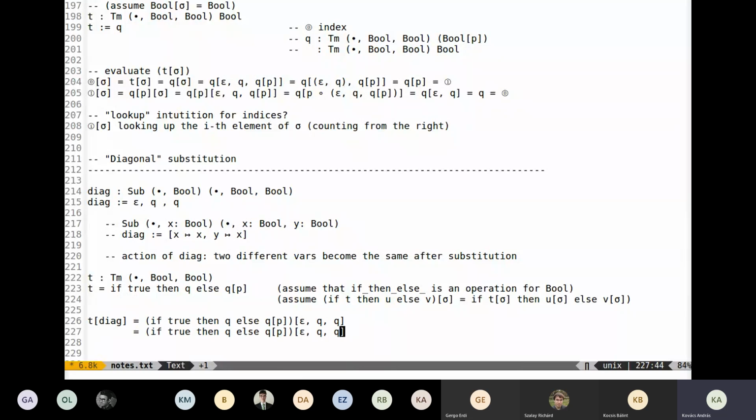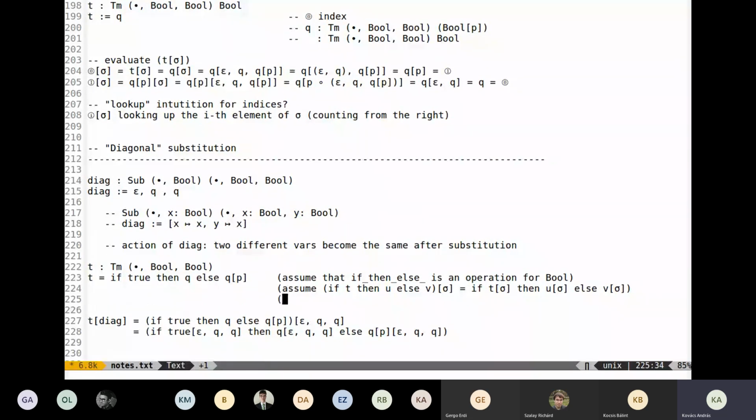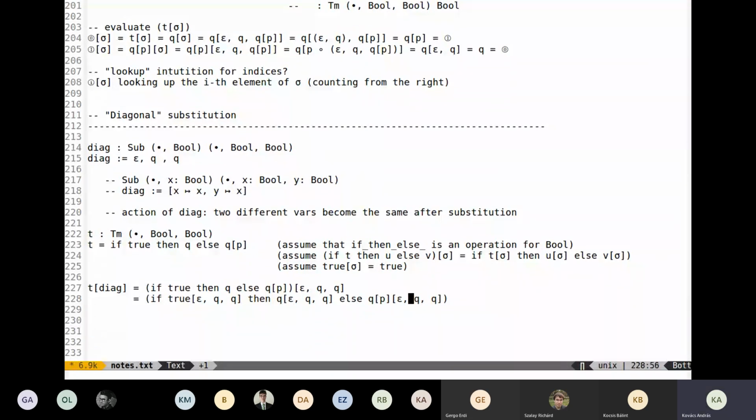So we have this true substitution, this q, and this qp substitution. And we also need to assume that because true is a closed term, the substitution does not act on it. So the true part just computes.